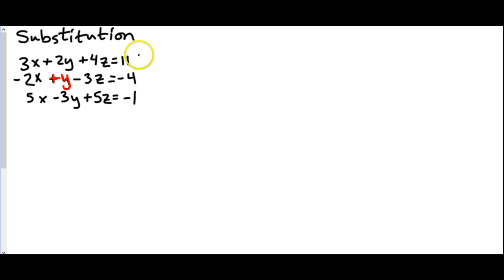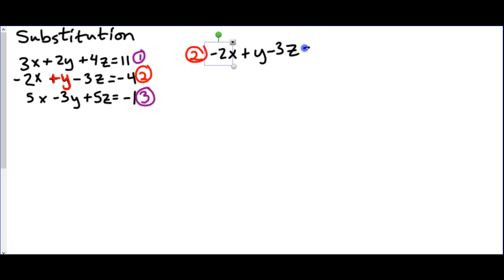So for now, ignore equation 1, I'm going to call it, and ignore equation 3. And focus on equation 2 and get y by itself. So looking at just equation 2, we would like to get the letter y alone.